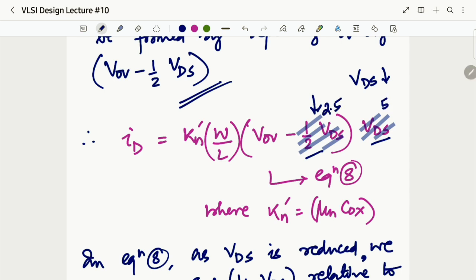And what about the VOV? Relatively VOV will be greater than 2.5 only, because I have to keep my VGS greater than VT. Okay, so when we will be decreasing VDS, because we have to keep fluctuating our VDS to understand our MOSFET, at that point we can ignore this part, but not this and not this.